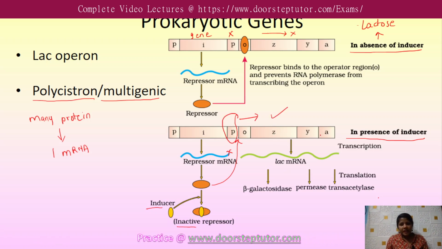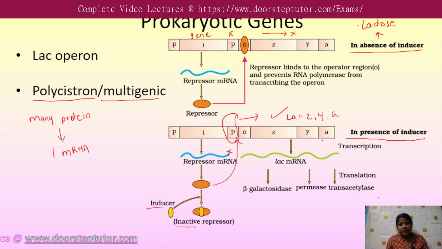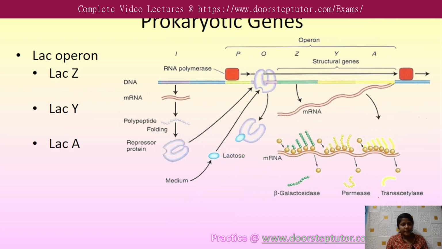So Z, Y and A are the structural genes which encode different enzymes. We will see the role in detail in the next slide.